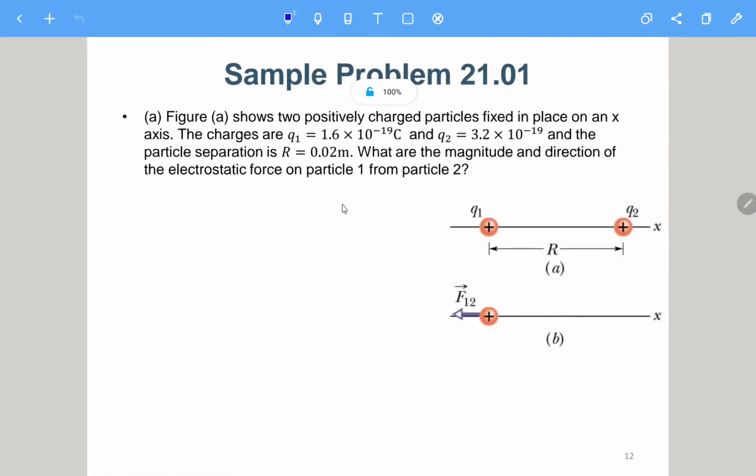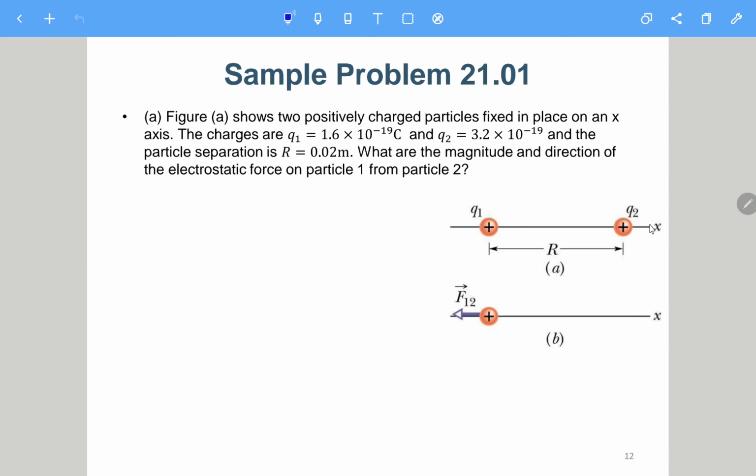Okay, here we have a sample problem. It says figure A shows two positively charged particles fixed in place on an x-axis. The charges are Q1 and Q2, and the particle separation is R, capital R. What are the magnitude and direction of the electrostatic force on particle 1 from particle 2?